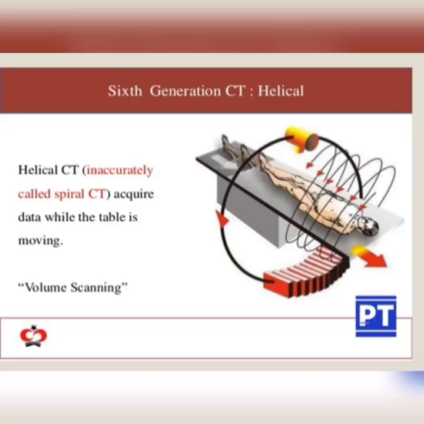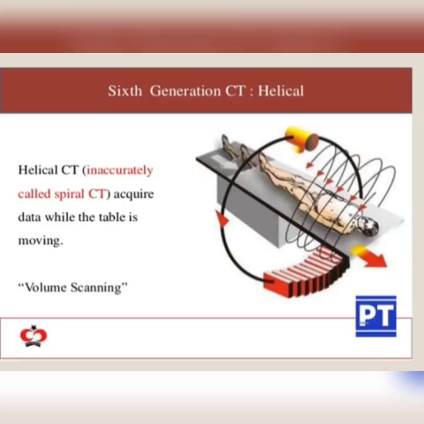So a volume of data is acquired. While in the case of third generation, as I said, we are setting up the table index and everything. Afterwards, when the X-ray tube and the detector move in one direction, we get one image on the screen. Afterwards, the table moves to the next slice. When we press the exposure button, it moves in the anti-clockwise direction.